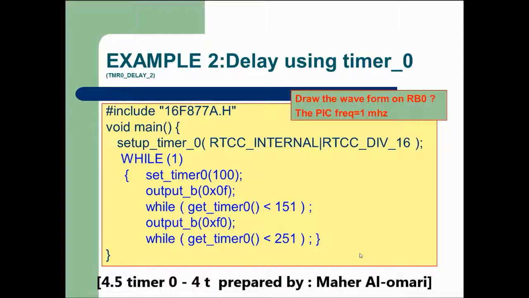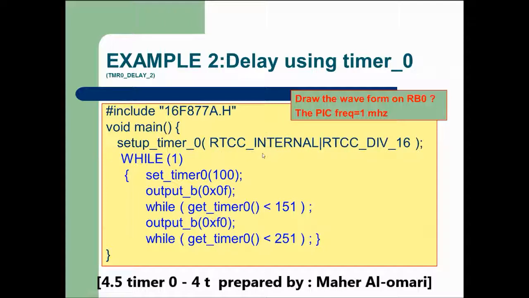This is the second example on how to use timer 0 to create a delay. In this example, the peak frequency is given to be 1 megahertz. And the timer 0 is set to run on internal clocking.